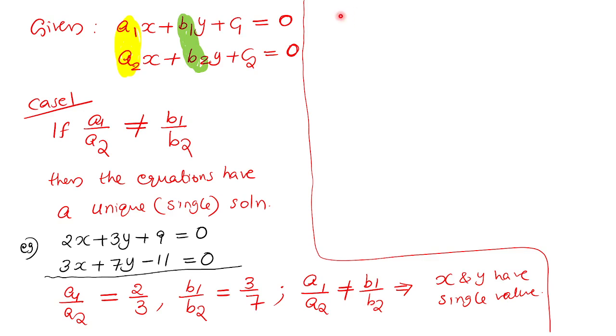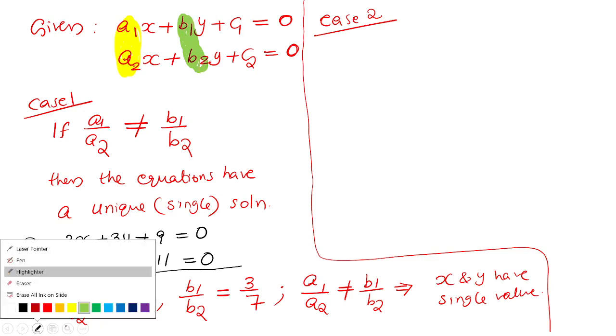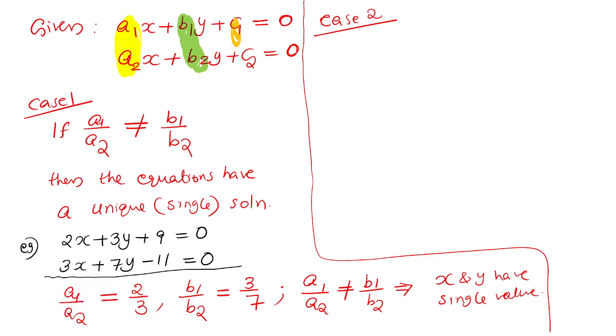Now there are three cases. Now I am going to discuss case 2. Let me say this as the first ratio, this as the second ratio, and this as the third ratio. Instead of saying a1 by a2, b1 by b2 every time, this is much more convenient for me.